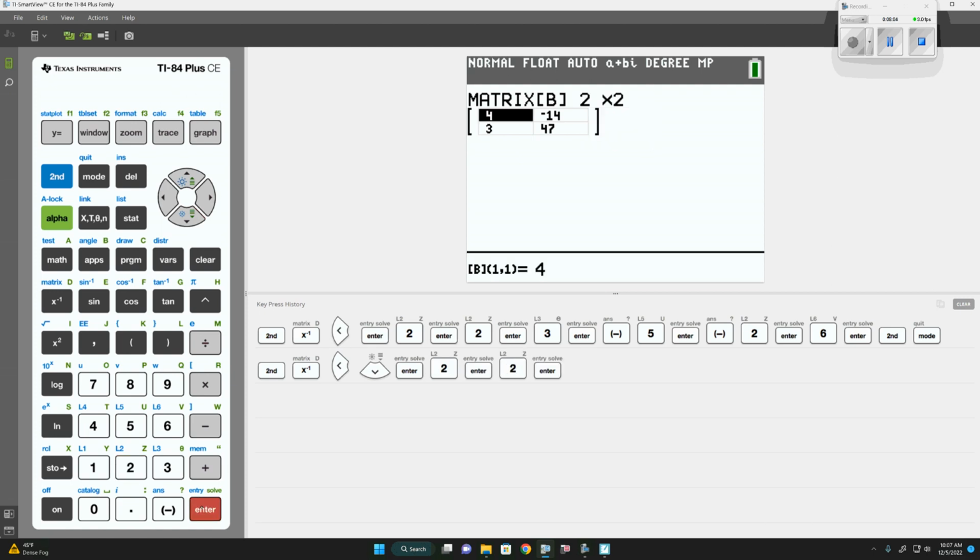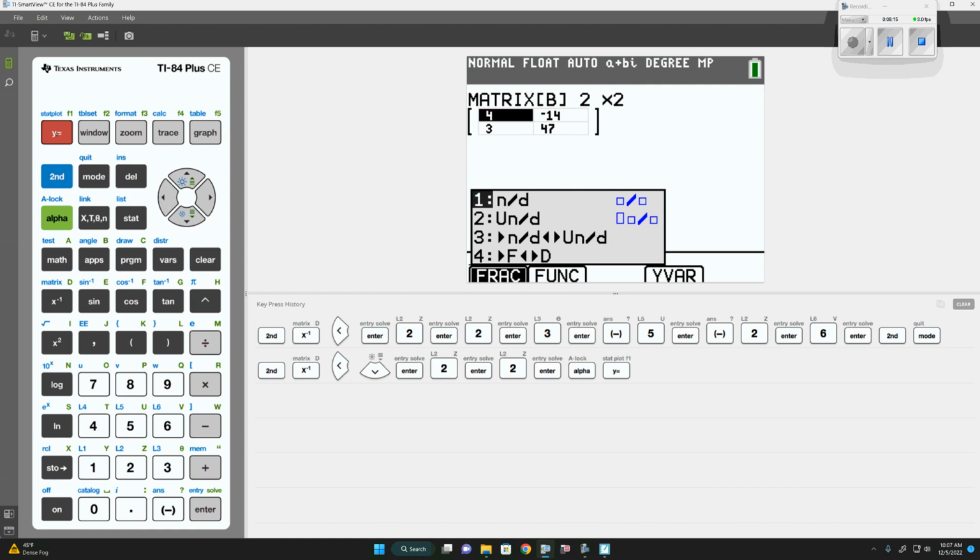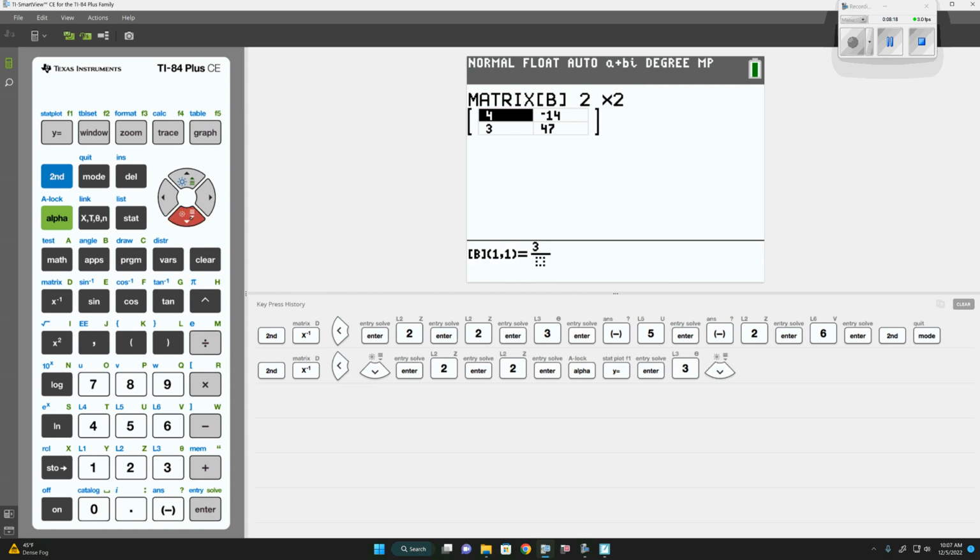Now we can do alpha y equals enter and do the fractions, and for the most part it'll let you type them in, but I believe it turns them right back into a decimal. So for the first one, alpha y equals enter 3 over 4. Enter.